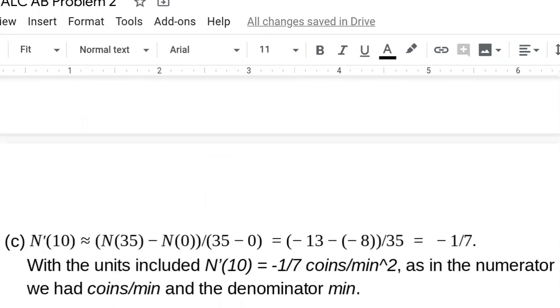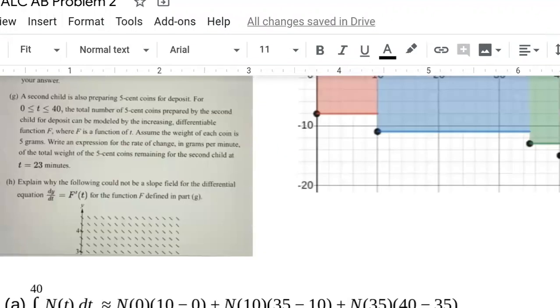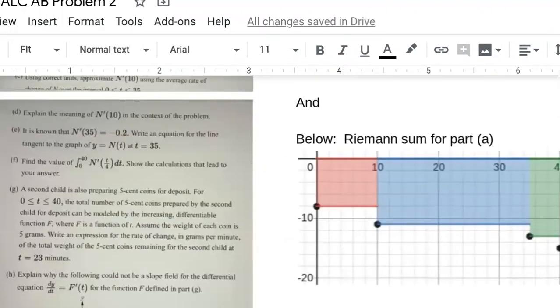So in E, they say it's known that n prime at 35 is -1/5, or 0.2.